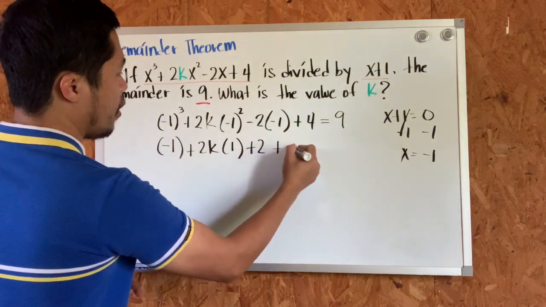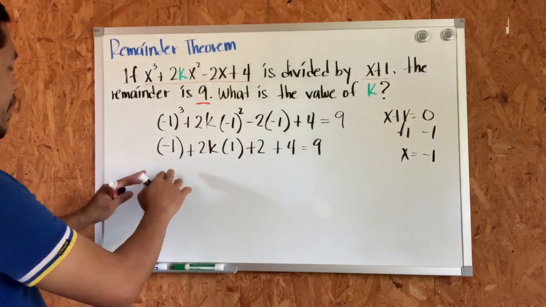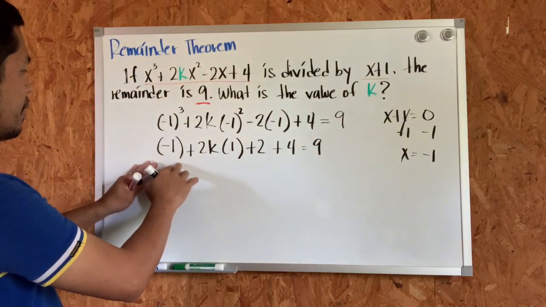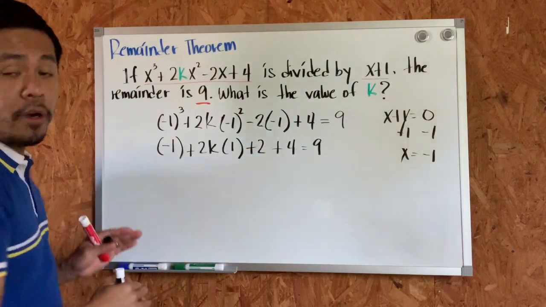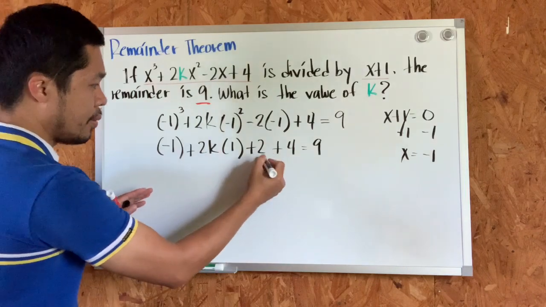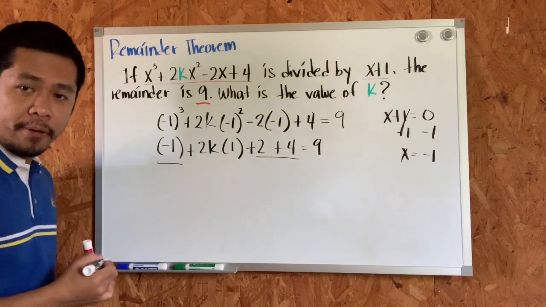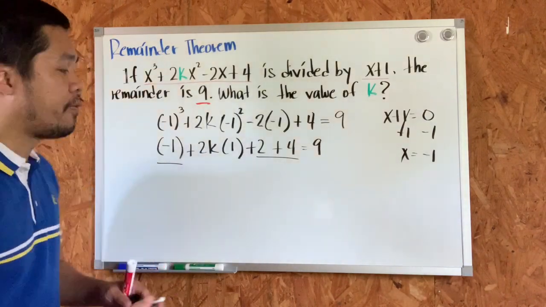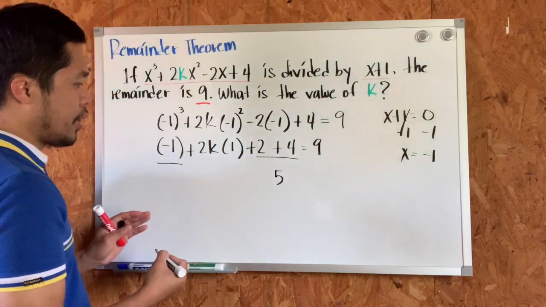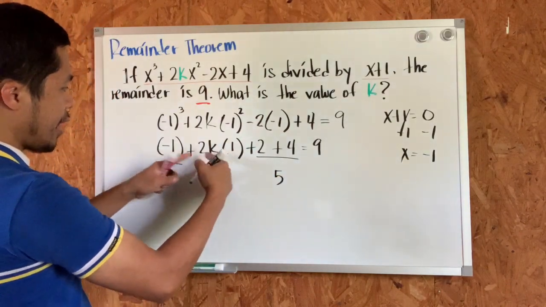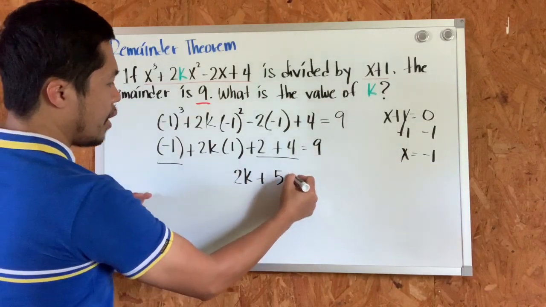Plus 4 equals 9. So this is -1, we have +2 here, and then +4. So we can add the 2 and 4, that is 6, and then subtract 1, and that will give us 5. So 1 times 2k will give us 2k, plus 5 equals 9.